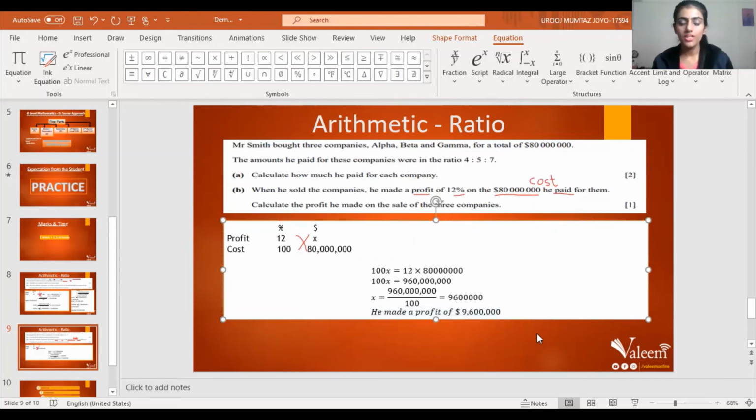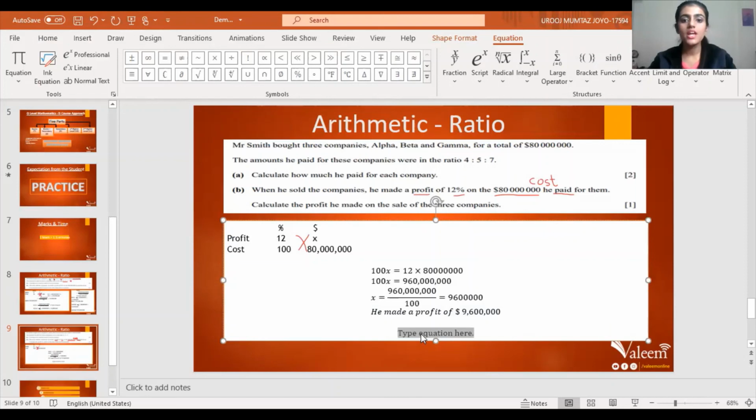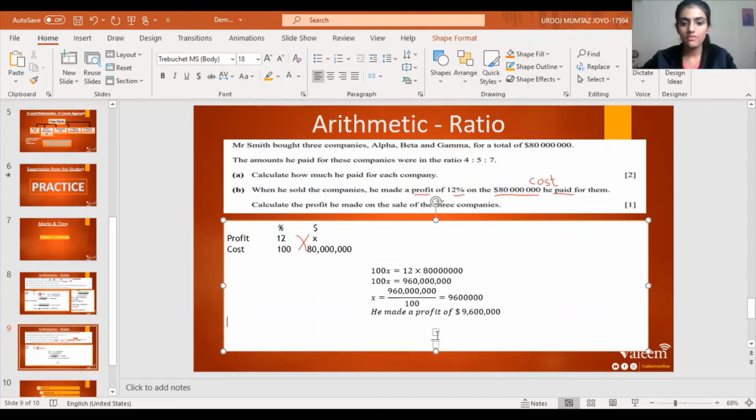Now we can calculate the same question through a formula. Using the formula, it says 12% on the 80 million. Whenever we remove the percentage sign, it is automatically divided by 100.